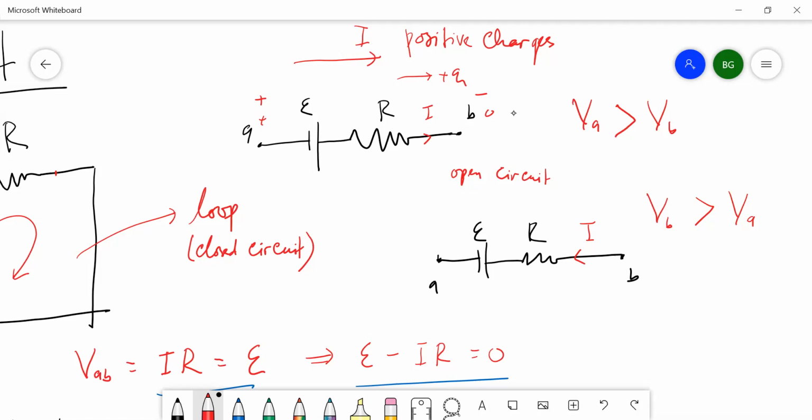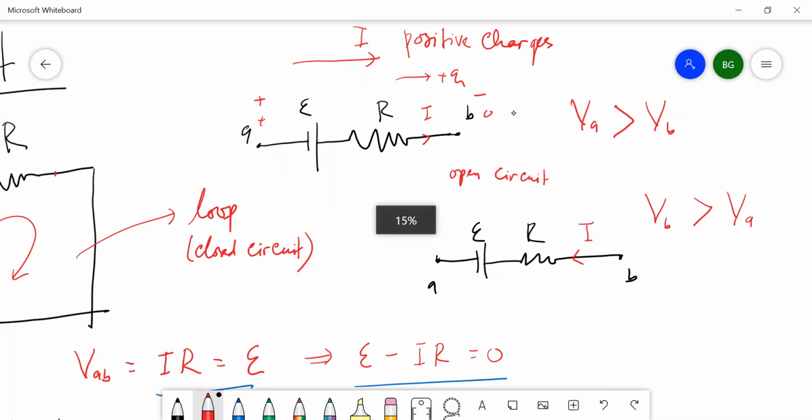So if the positive charge moves, for example, to the right, it means that the right-hand side voltage is lower than the left-hand side. Okay, that's for an open circuit, because in an open circuit you can connect anything: a resistor, a capacitor, an EMF or battery, something like that.